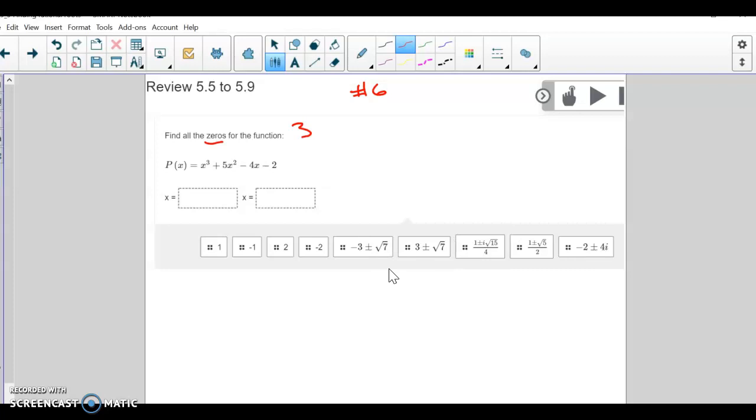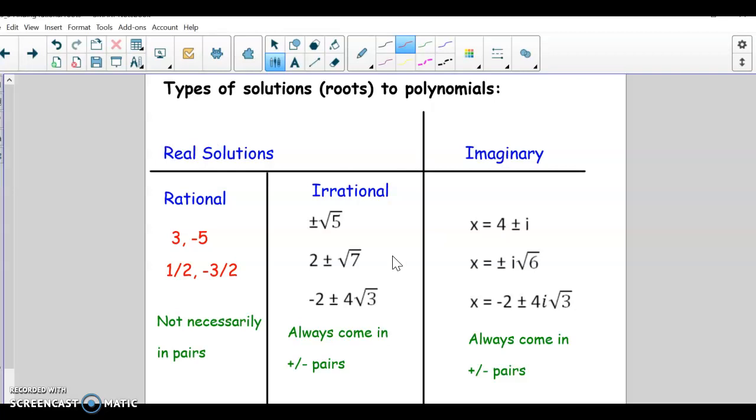Okay, so I just want to try to help you make some sense of what's going on here. So what is actually happening is if we go back to the different types of answers, when you have solutions, within the real ones, there are both rational and irrational. Okay, so what is happening is your calculator will show any real ones.